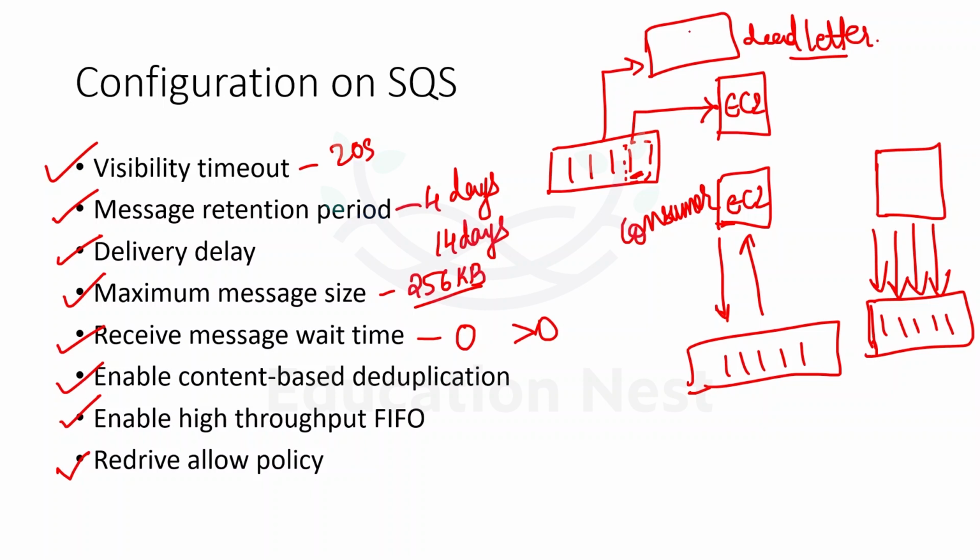Some manual intervention or some other logic would check why that message is not getting processed. And the redrive allow policy defines which source queue can use this queue as a dead letter queue.